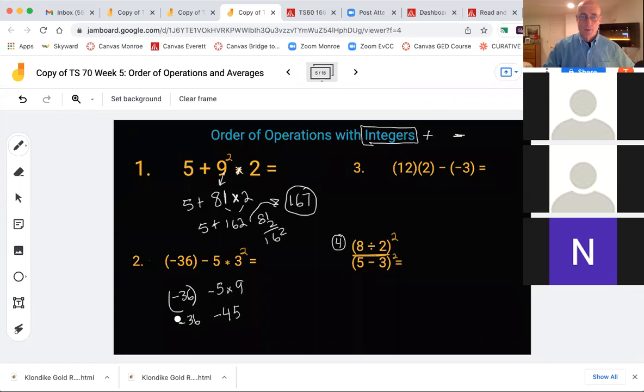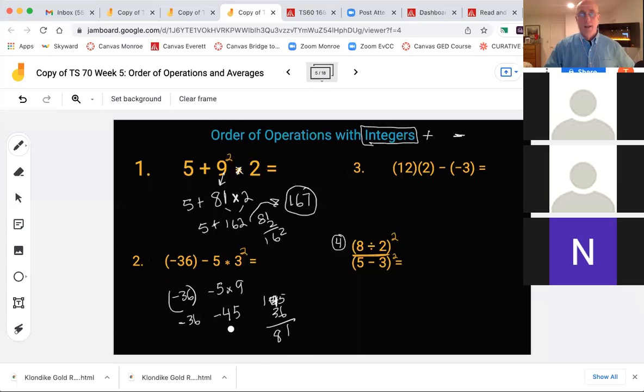So I have a -36 -45. And remember, I don't know if you recall this, but when you're adding integers that have the same sign, you just add up the numbers. You would get 36 and 45 together. 5, 6, 7, 81.